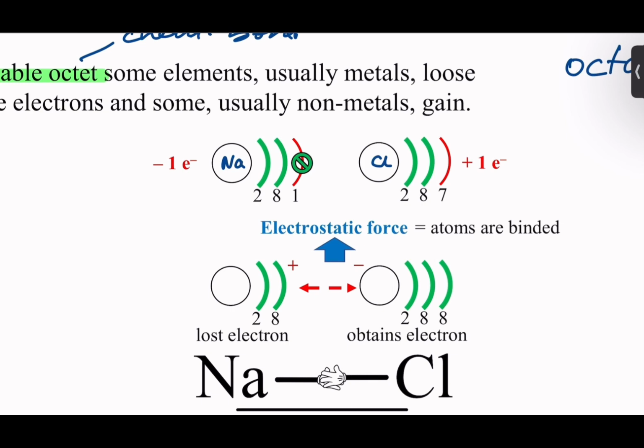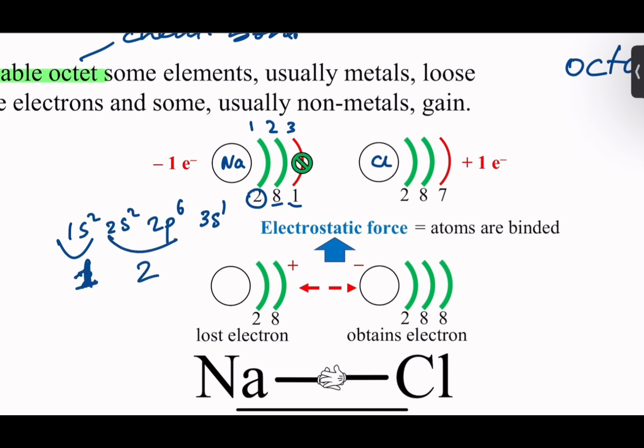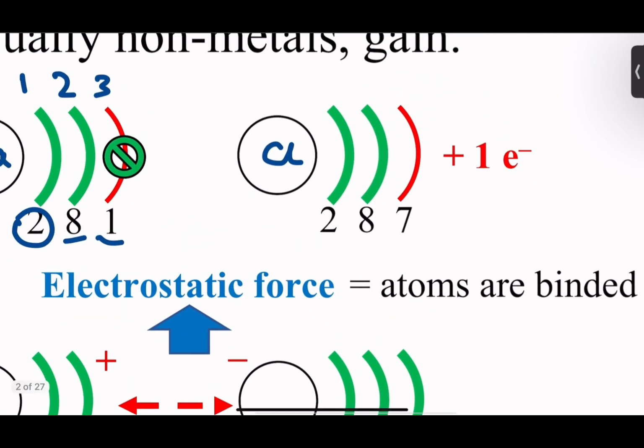If you write the electronic configuration, you will see that the first shell has 2 electrons, the second shell has 8, and the third shell has 1, because 1s2, 2s2, 2p6, and 3s1. So this is the first shell, this is the second, and this is the third. You do the same for chlorine, and you would see that you have 2, 8, 7.